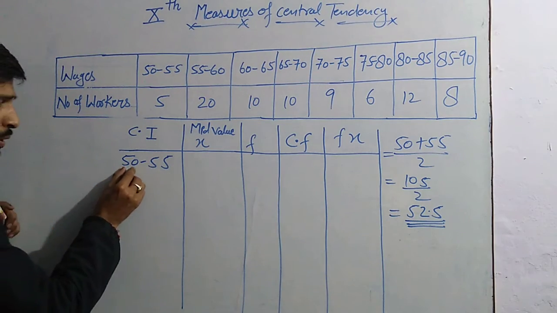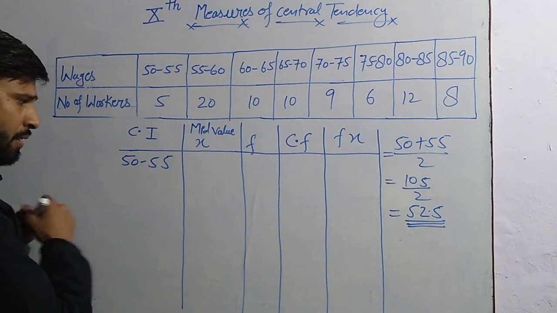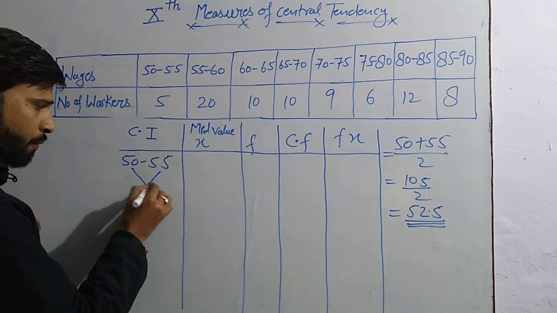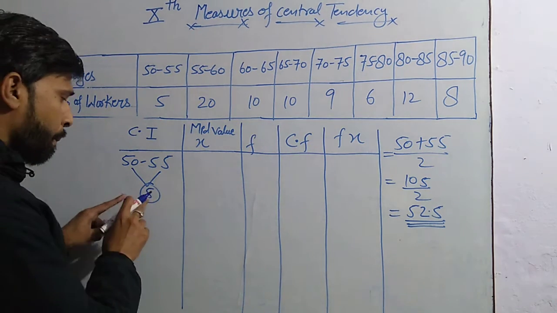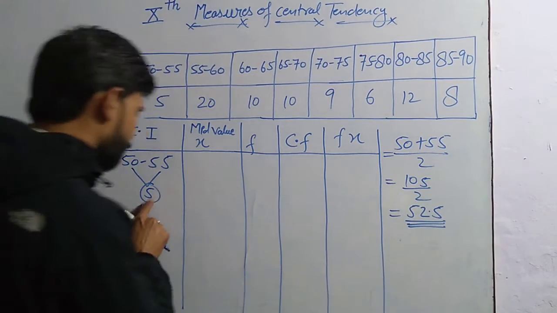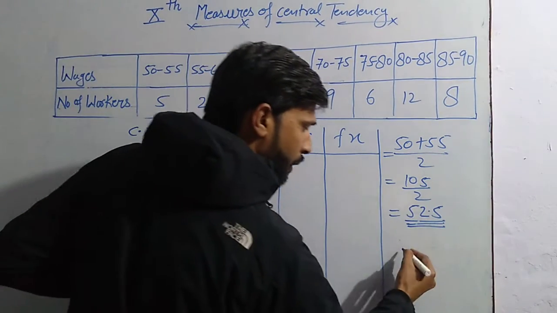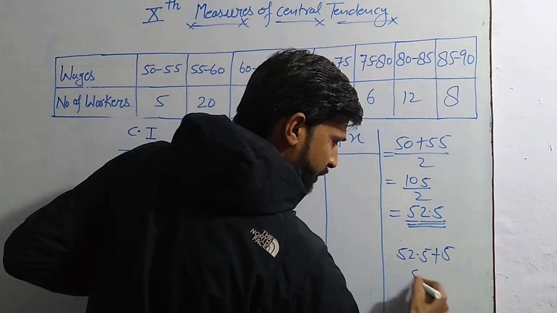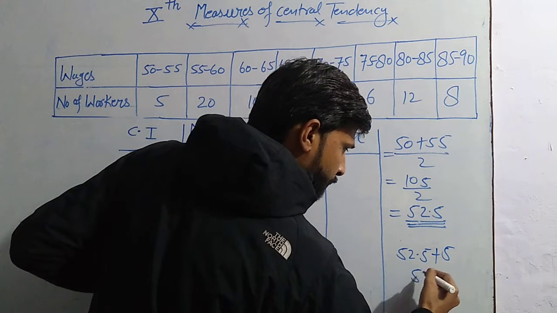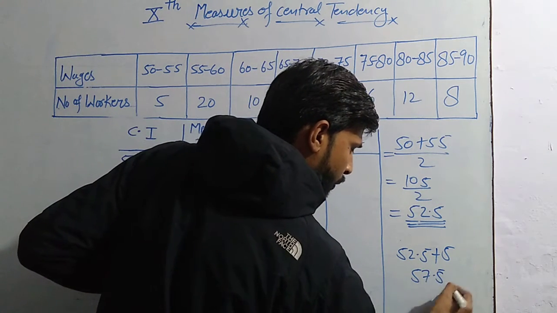Look at this value: the difference between the two numbers is 5. If we add 5 to this number, 52.5 plus 5, then the next number is 57.5.